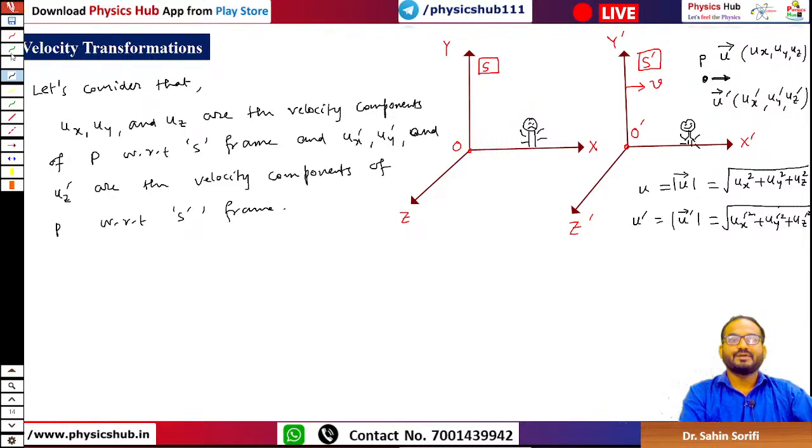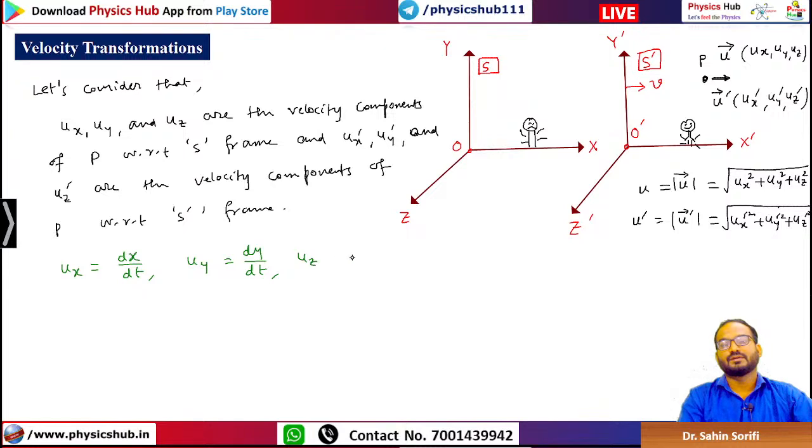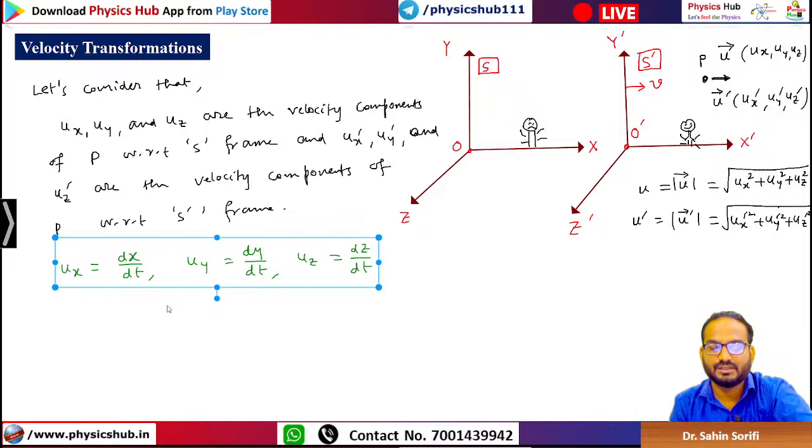How do you get ux? How do you get uy? And how do you get uz? The ux you got from dx by dt, right? uy you got from dy by dt. uz you got from dz by dt. On the other hand, if I talk about ux prime, uy prime and uz prime, where did you get it?